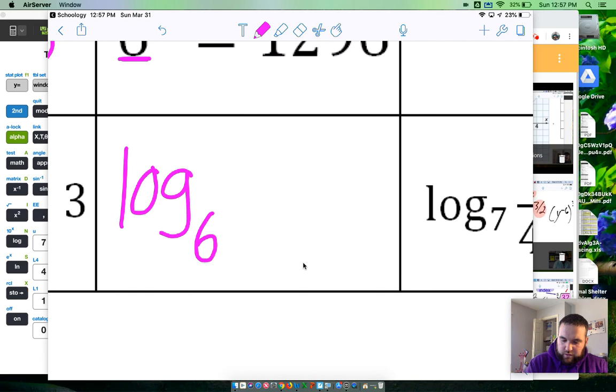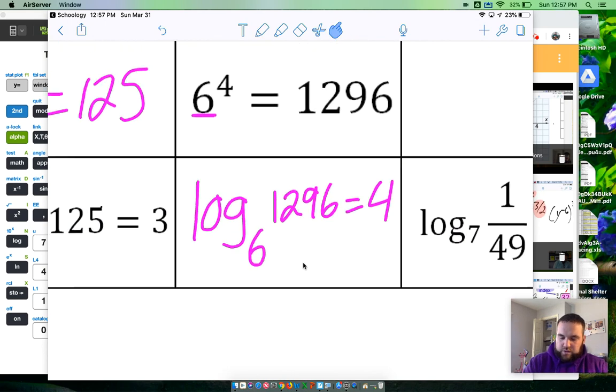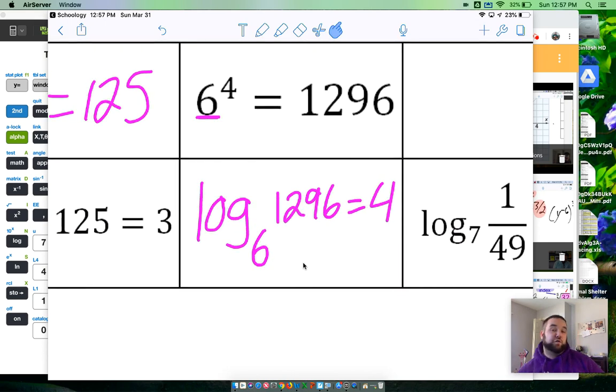So this would be log base 6 of 1296 is equal to 4. Okay, so don't put log base 6 of 4. That's a common mistake because students see 6 and 4 right next to each other and assume they stay next to each other. But here the 4 and the 1296 switch spots.